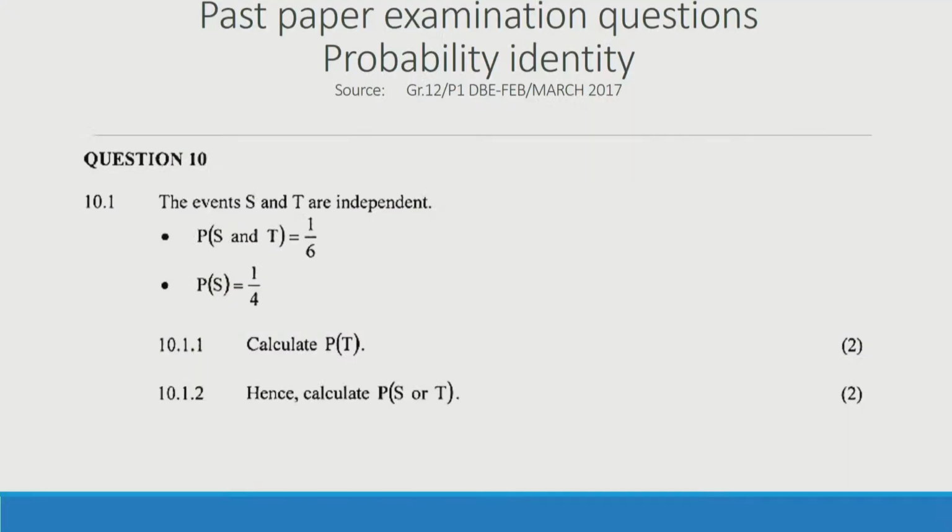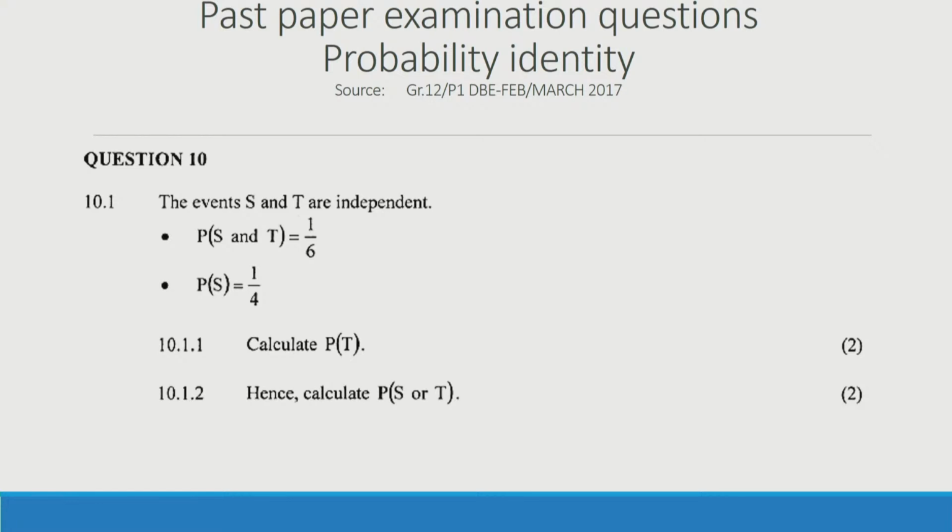Always remember that, grade 12s. Here they told us that the probability of S and T is equal to a sixth, and the probability of S is a quarter, and then in 10.1.1 they require us to find the probability of T.